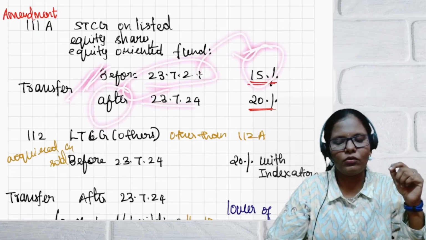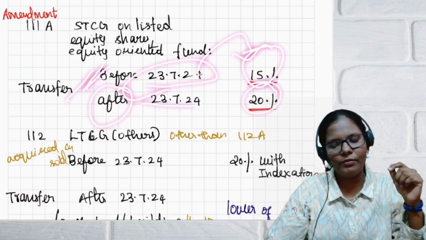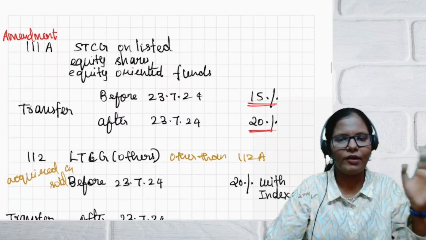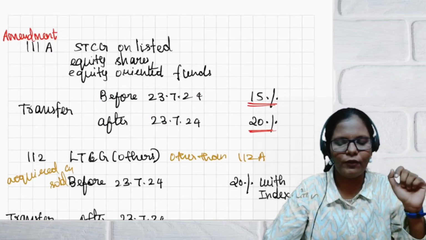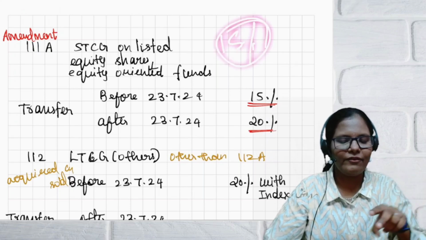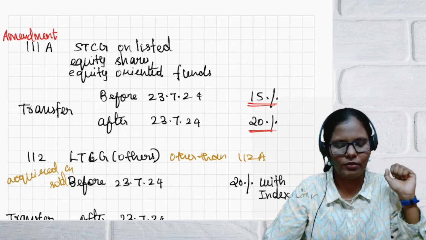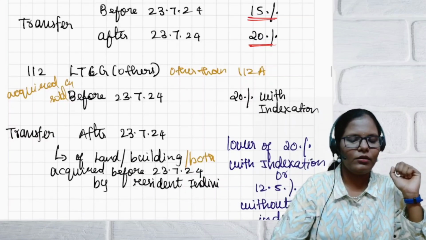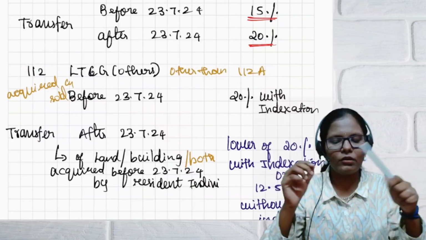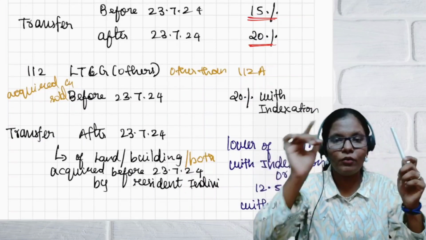After 23/7/2024, the tax will be 20%. Before this amendment, we had only one tax rate, that is 15%. Now it has been classified into two, before and after. Before 15%, after 20%.